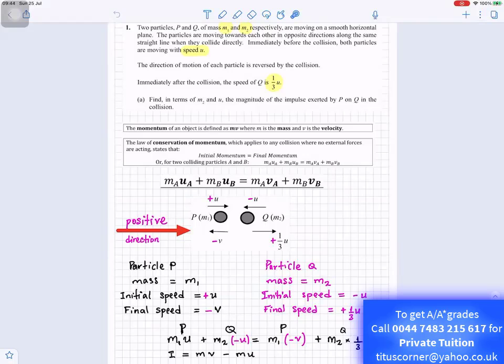So if we take particle P and particle Q, moving to the right is the positive direction.